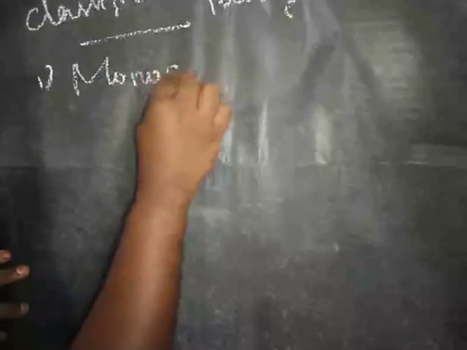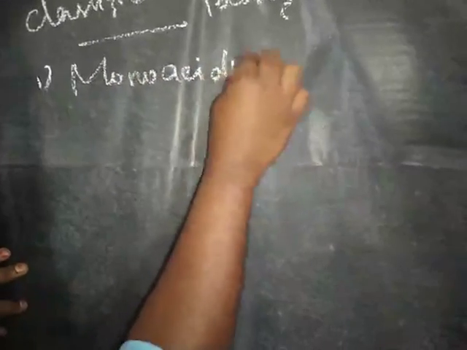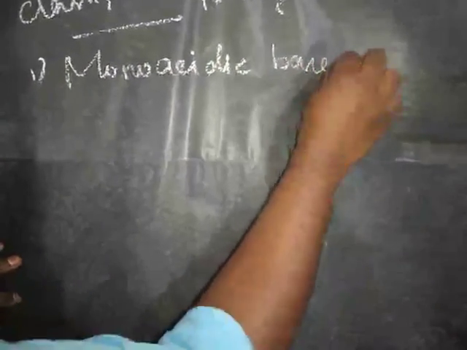monoacidic base. We have already discussed in acids what is meant by basicity: in a solution, how many replaceable hydrogen ions.